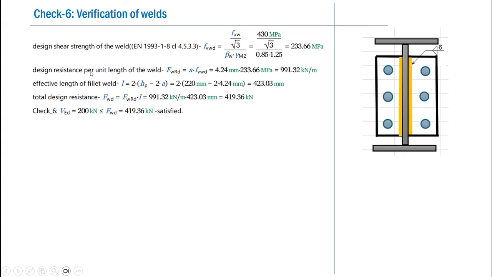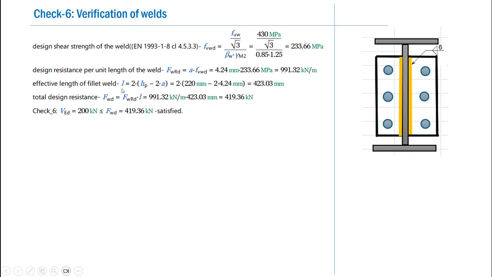Next, we proceed for calculating the design resistance of the unit length of the weld, and this is obtained by multiplying the design shear strength by the throat thickness, and this is calculated to be 991.32 kilonewton per meter, that is nothing but Newton per millimeter. Therefore, we can obtain the total design resistance by multiplying this design resistance per unit length by the total length of the weld.